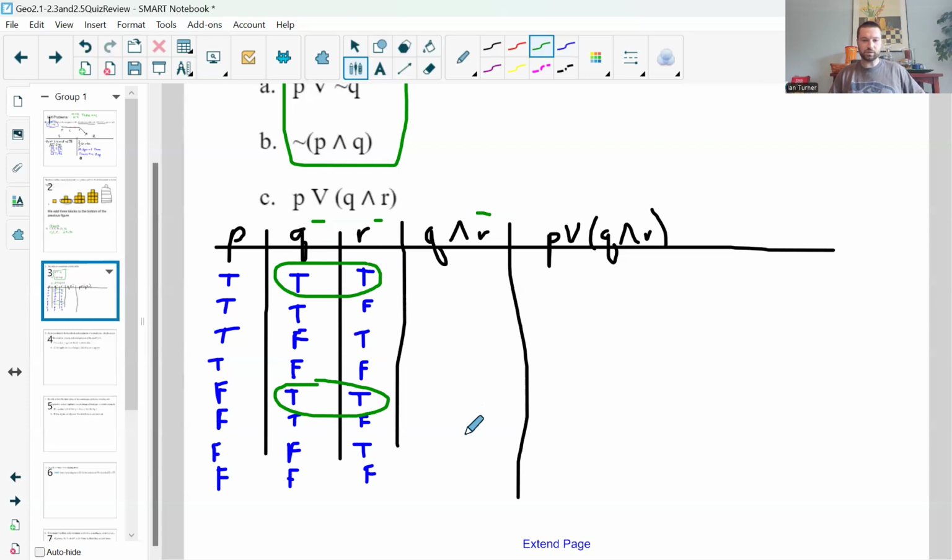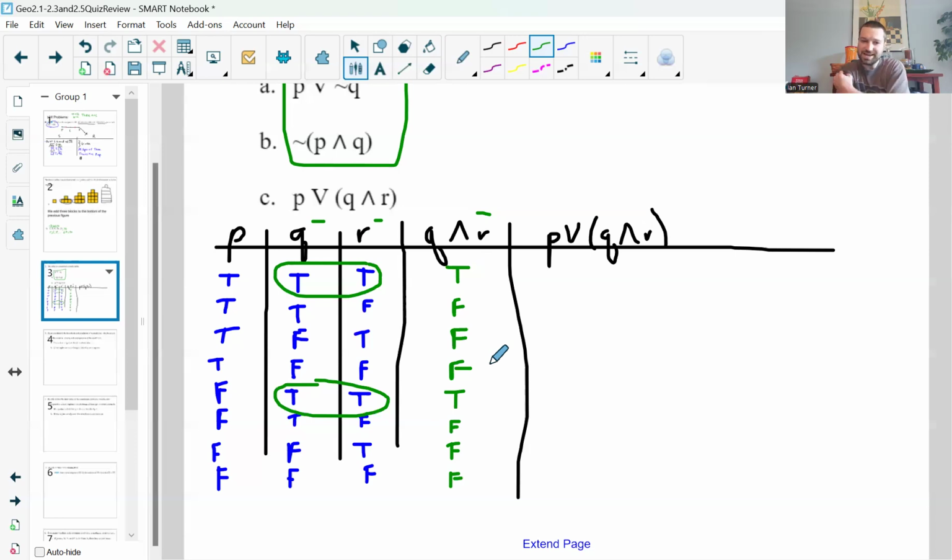Starting with the true, the first one's true. And then we're going to go false, and then false, and then false, because we have at least one false in all those. Here's another two trues. And then we got a false, and a false, and a false. So that's the conjunction.